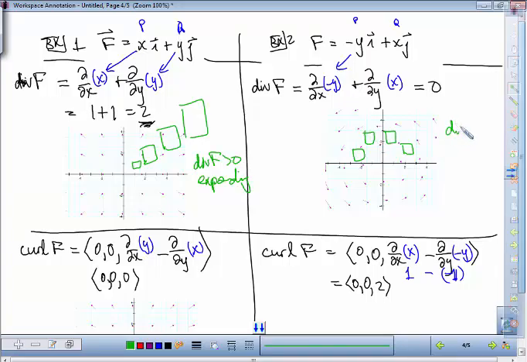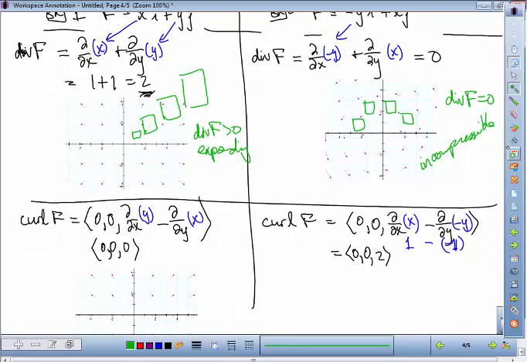So div f in this case is equal to 0. It's not expanding or compressing. It's incompressible. Is that a word? It's not being compressed and it's not expanding. Okay?